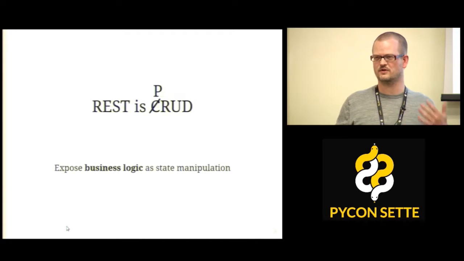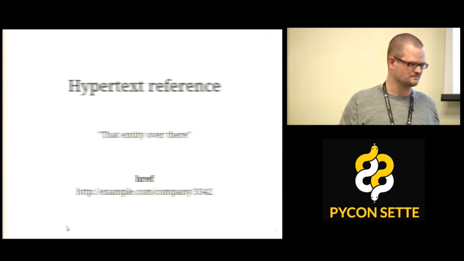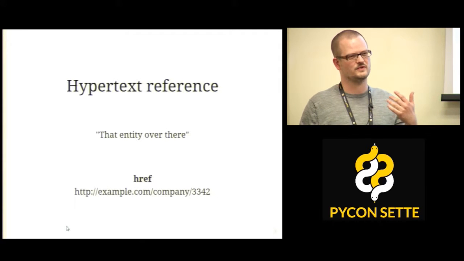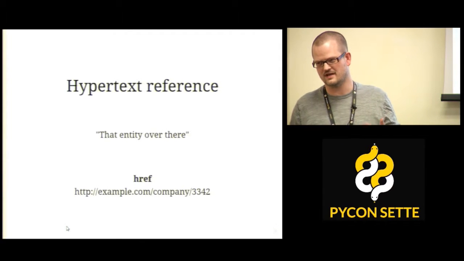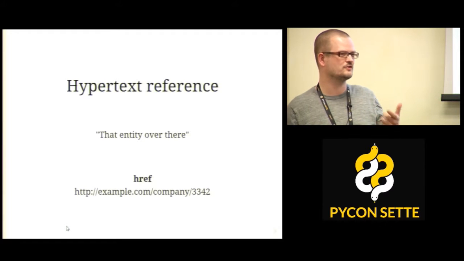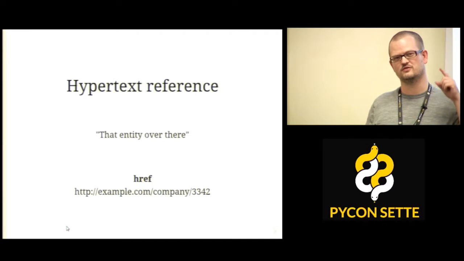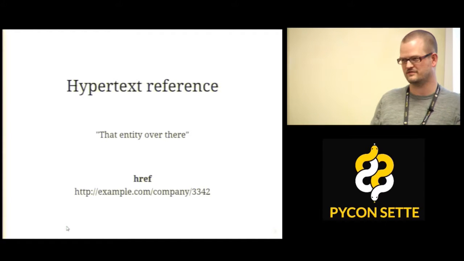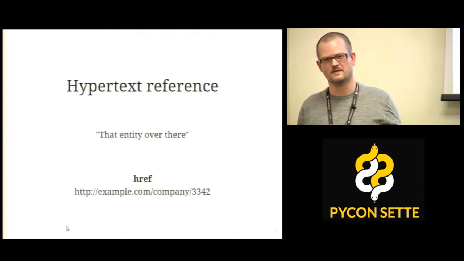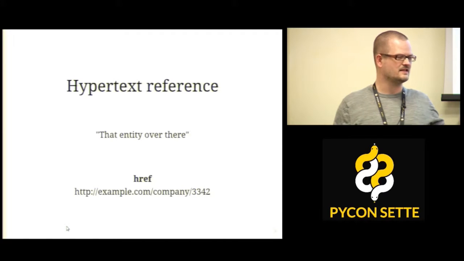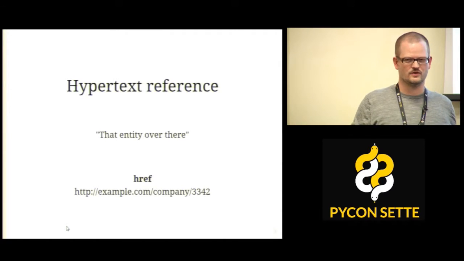Now we're going to add the Hypermedia element. We do that by adding references, Hypermedia references. Basically just a URI, but if you use it not to identify a resource, but to point to another resource, you call that an href. You know that from HTML, of course. Now you can just use an href in a representation.